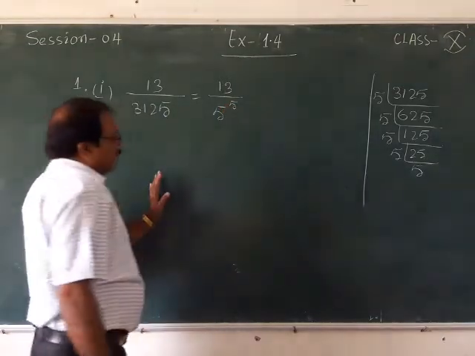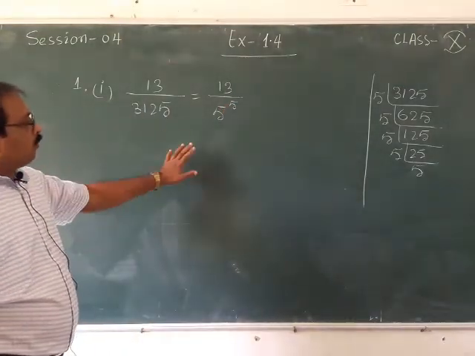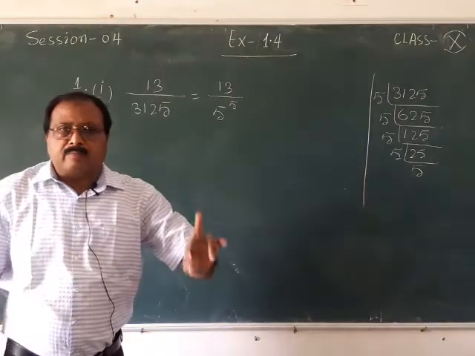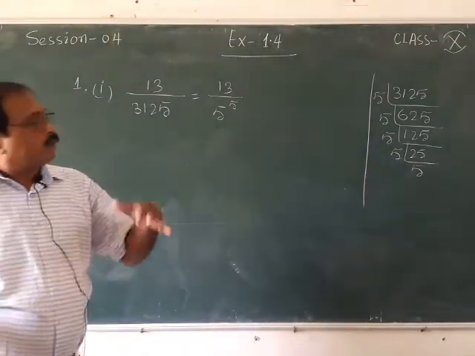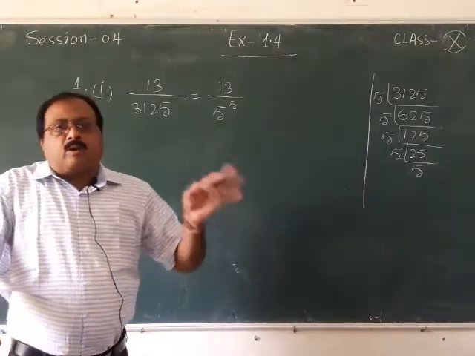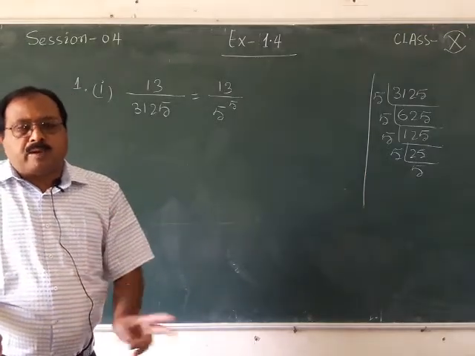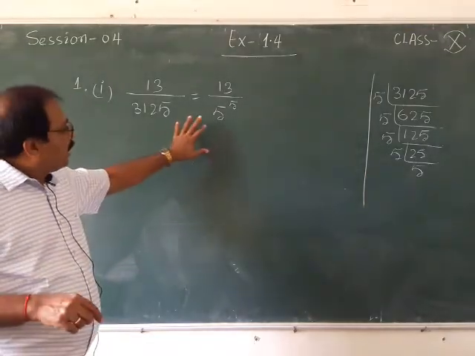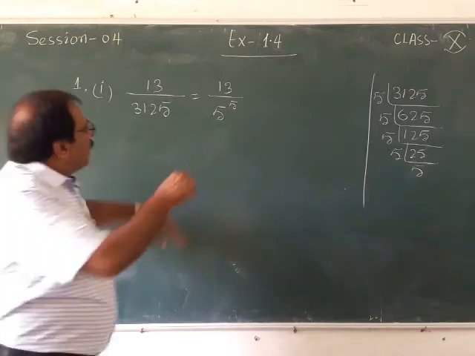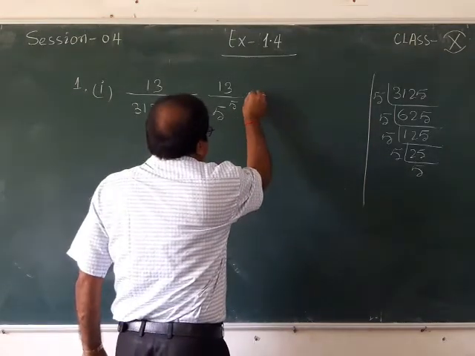So the form is 2 to the power m into 5 to the power n, where either 2 is there or 5 is there, or 2 and 5 both are there. That means clearly it is a terminating decimal.